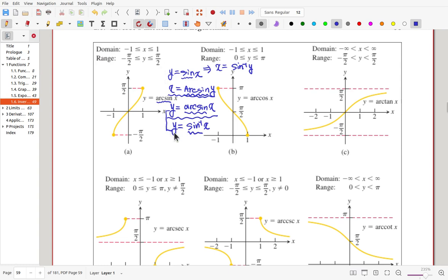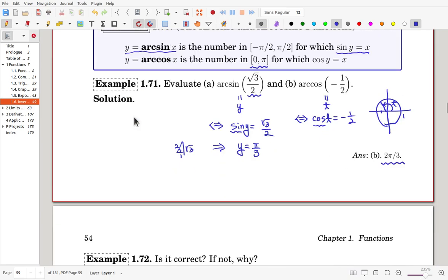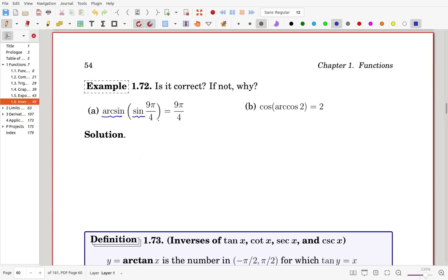Arcsine is defined from that restriction for the sine function, so the output must be between minus pi over 2 and pi over 2. Here the output of arcsine is not in that range, so it is wrong. Then the correct one can be found this way.